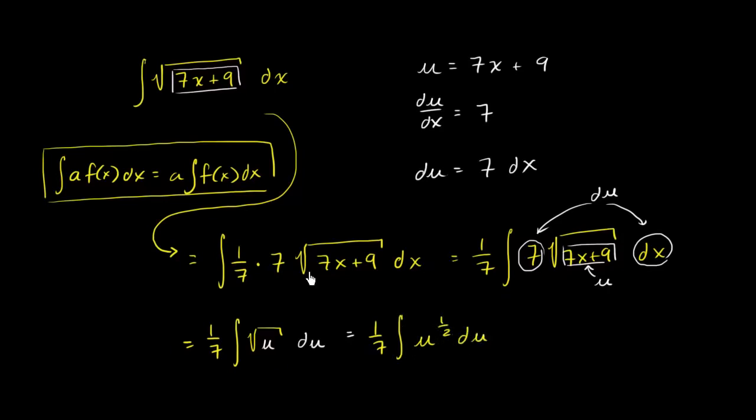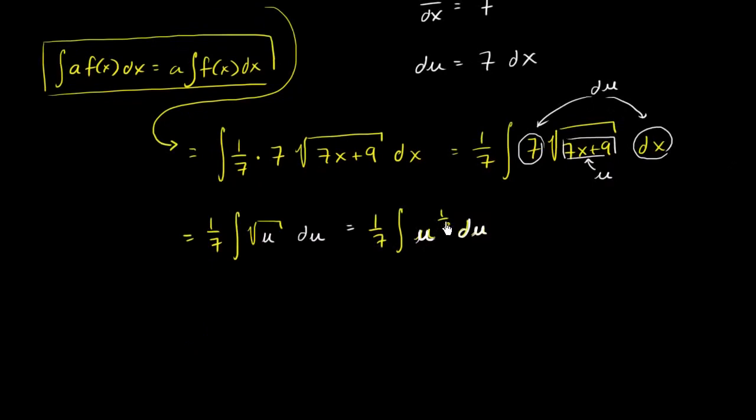And let me just make it clear, this du is the same du right over here. So what is the antiderivative of u to the 1/2 power? Well, we increment u's power by 1, and let me not forget this 1/7 out front.